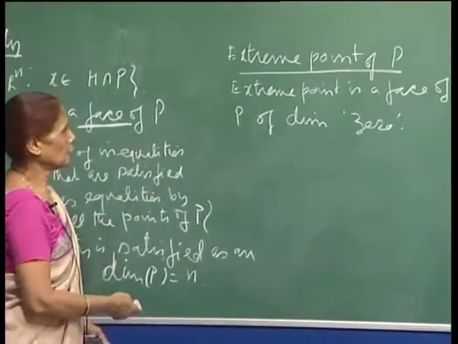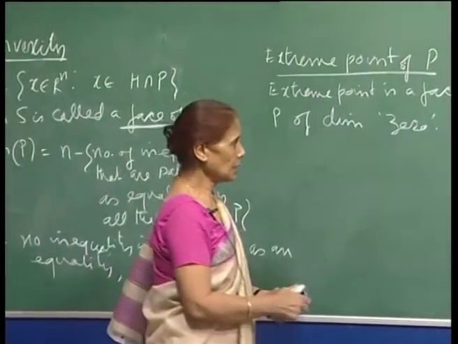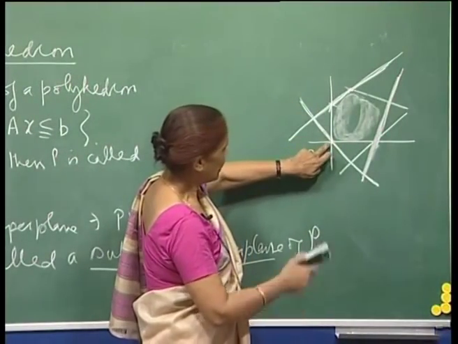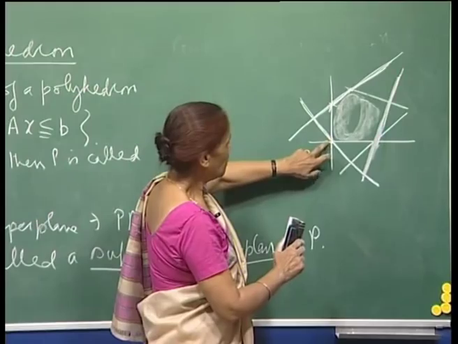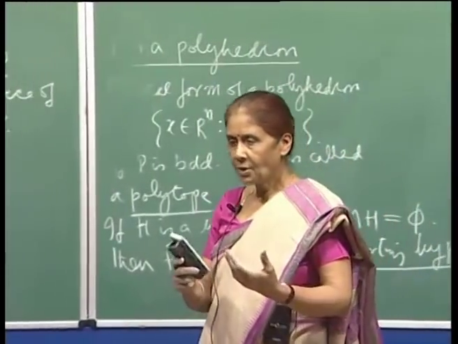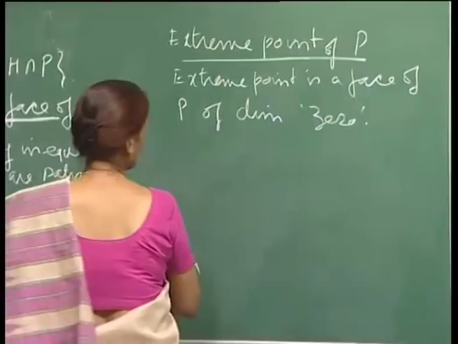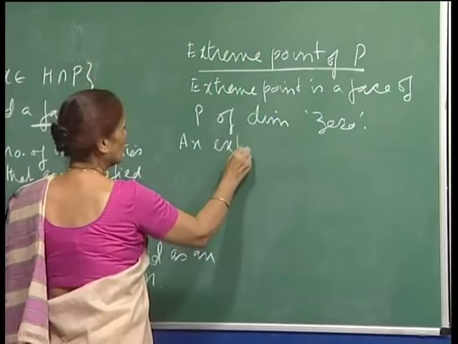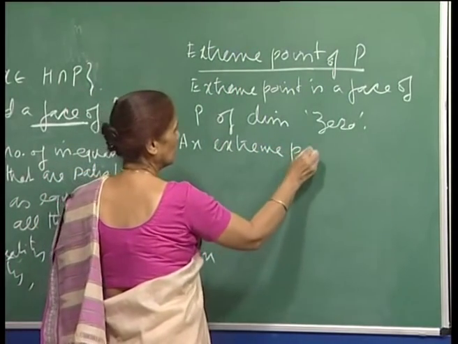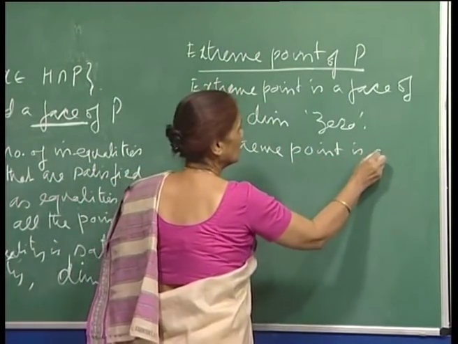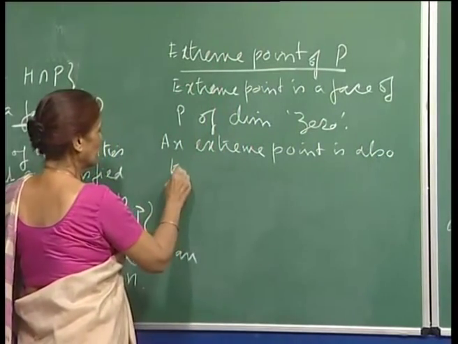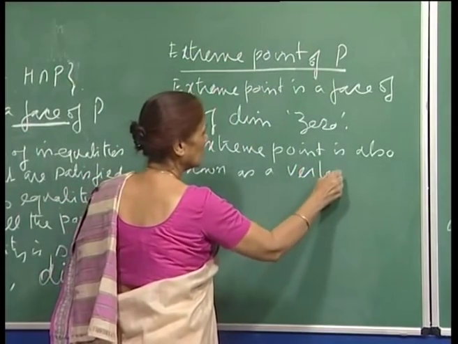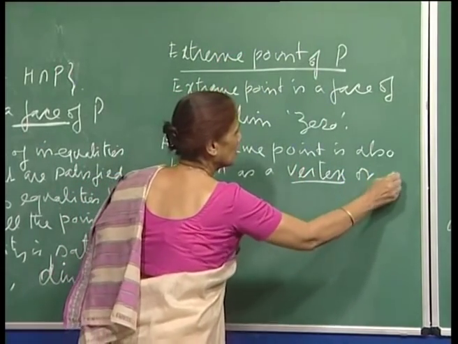Or geometrically also we can define it, because the hyperplane intersects it only at one point, so you can also have this concept of a vertex or a corner point. So these are the other names, and an extreme point is also known as a vertex or a corner point of P.